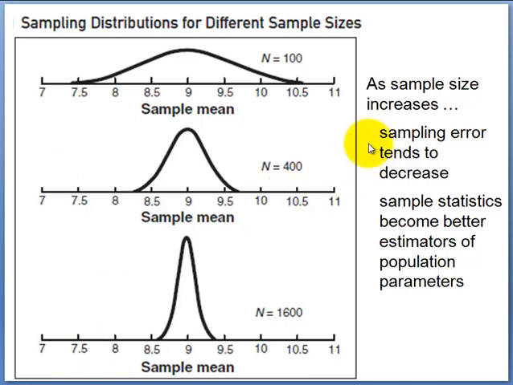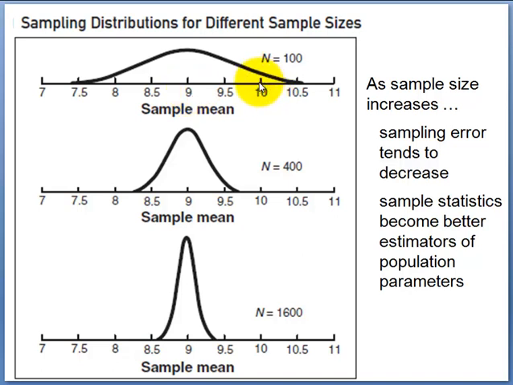Now, sampling error, in a general sense, is the difference between the population parameter and the sample statistic. For instance, our population parameter, which is to say in our example, the mean in the population, is 9.